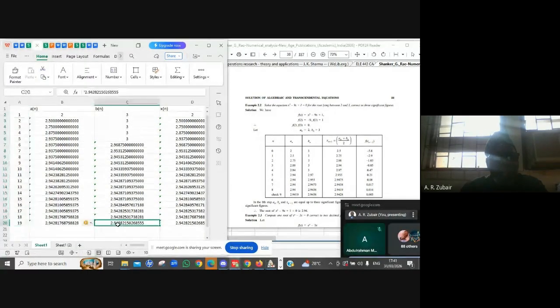You can see that what I got is also 2.9428 after 19 attempts. Can you see it? So you can now see after 19 attempts.